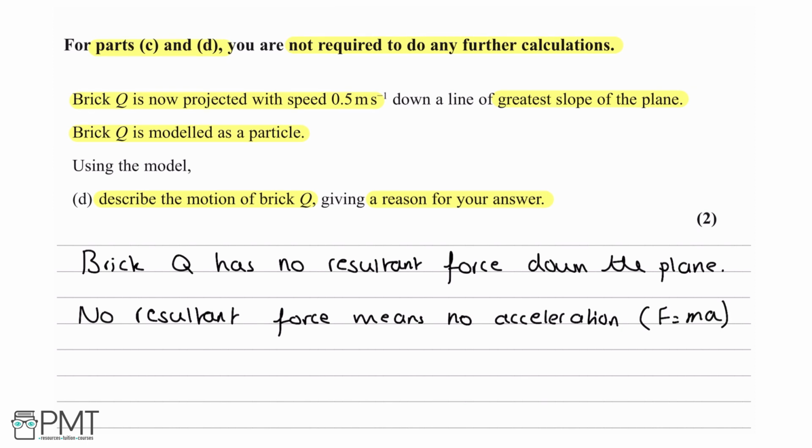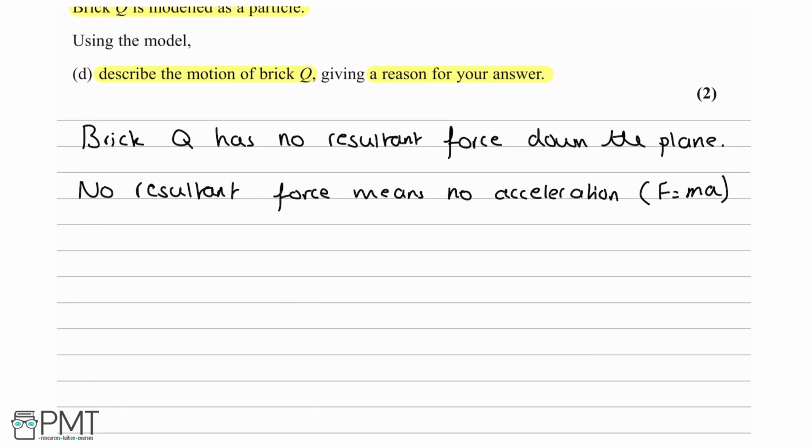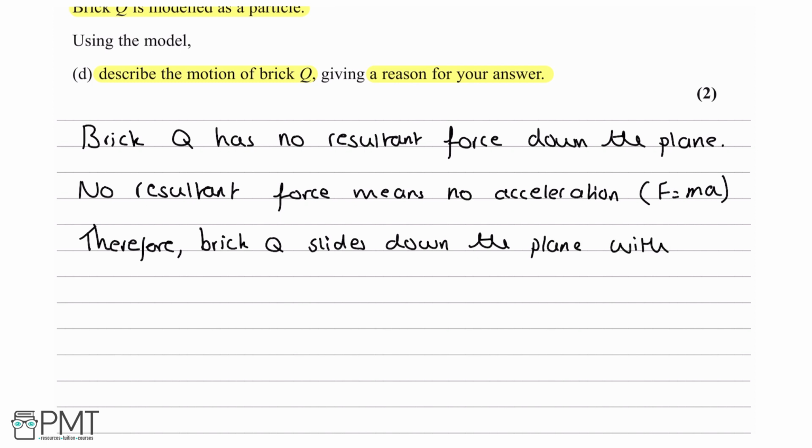So if F is 0, then that means a has to be 0 because the brick has a mass, so the mass can't be 0. From here, we can finish by saying, therefore, brick Q slides down the plane with constant speed.